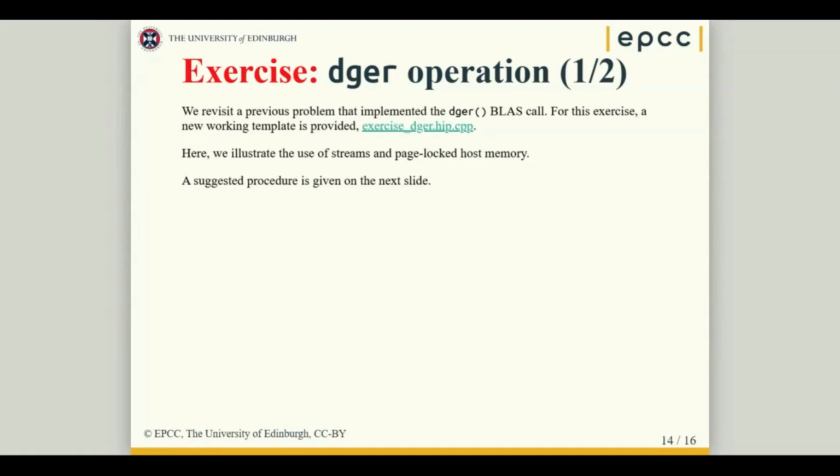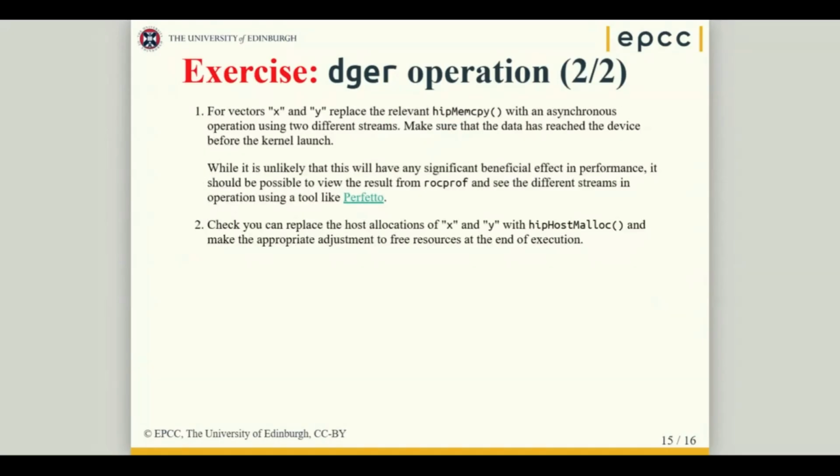Right, so we have this exercise here. For this exercise there is a template, and we have the vectors x and y that we will need to copy. So rather than doing a synchronous memory copy, we will do an asynchronous memory copy.